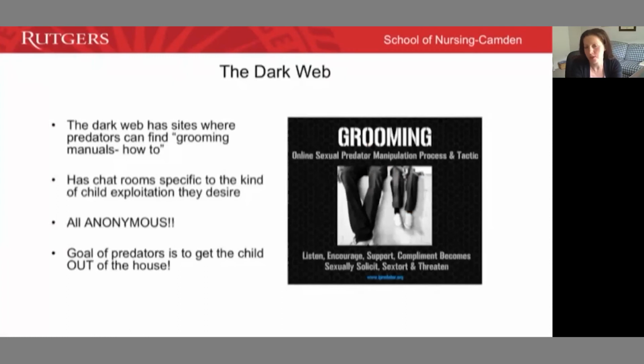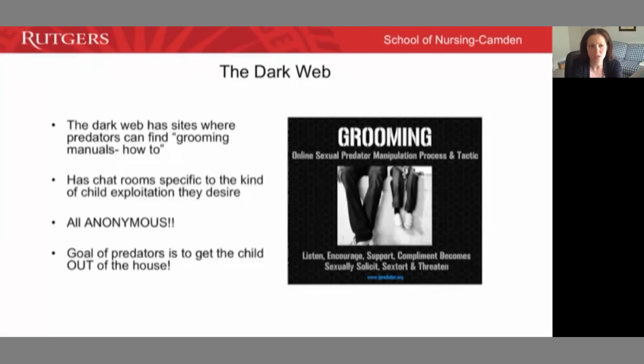Traffickers learn the tricks of the trade through grooming, and that can be found on the dark web. This information on grooming is the process that traffickers use to control and manipulate someone into human trafficking or sex trafficking.